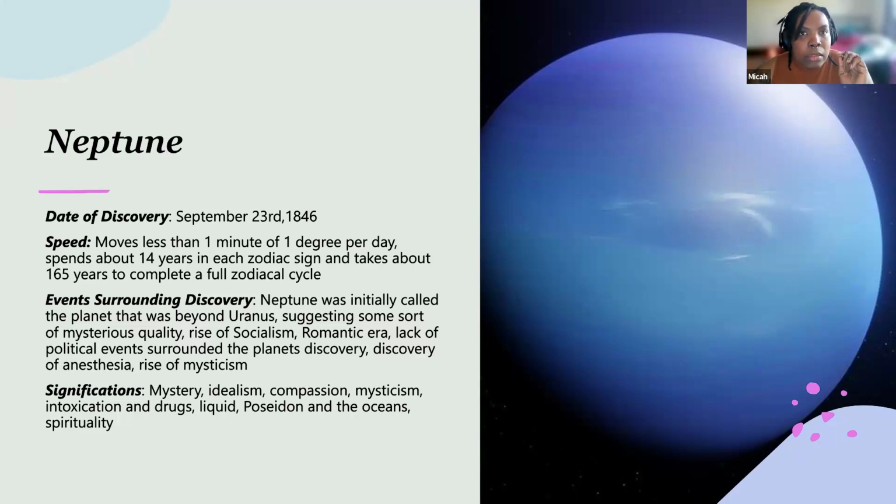creating this higher frequency something. But I think at the time that they were discovered, they were initially associated with evil, and I hate to say that because we didn't know a lot about them.